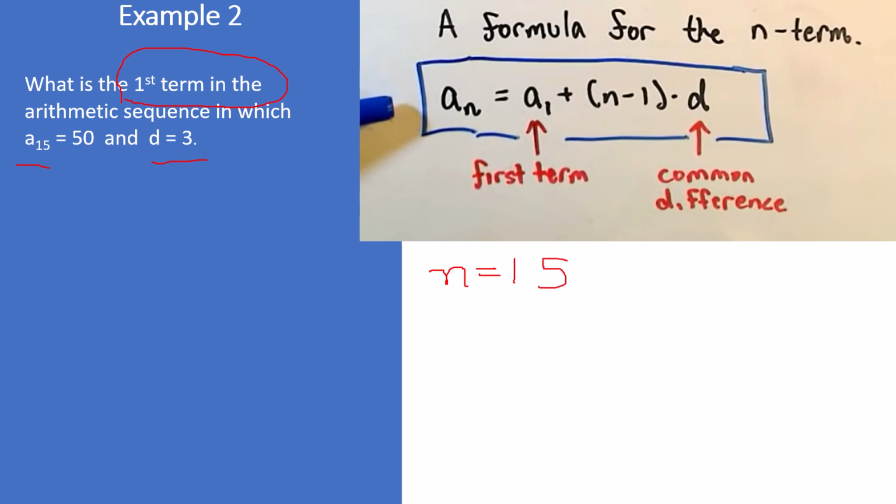Okay, so A sub 15 is 50. I'm going to put that here. Is equal to, we're looking for the first term. That's going to be our variable, A sub 1, plus n, which is 15, minus 1 is 14, times the difference, and the difference is 3.